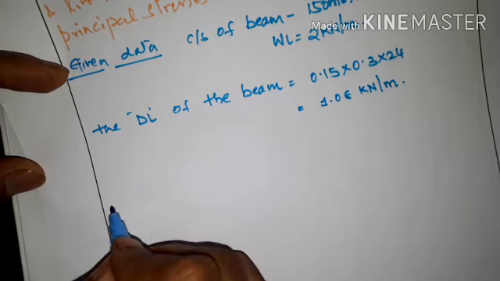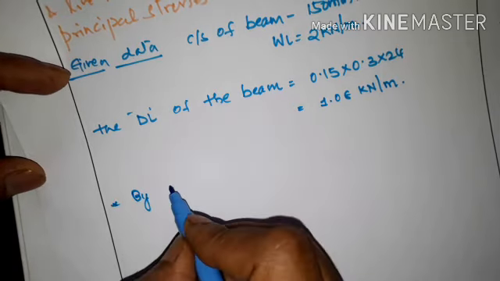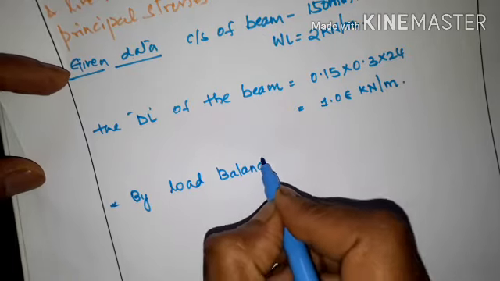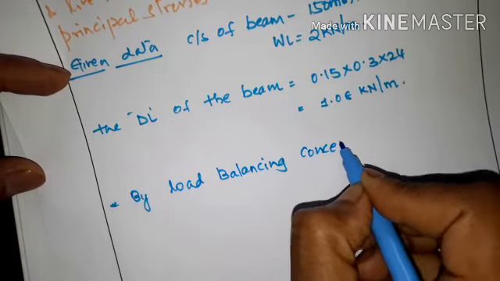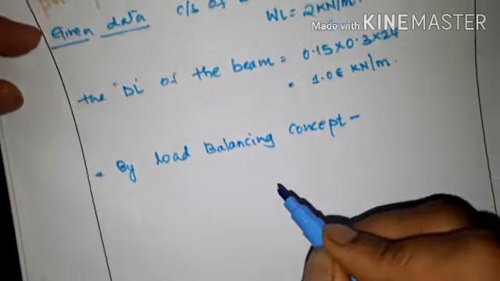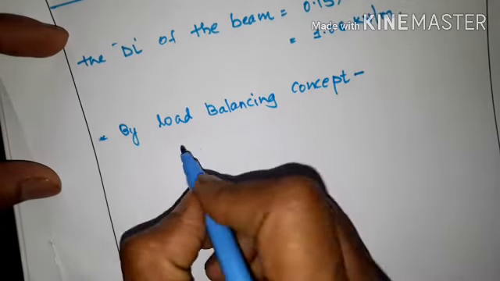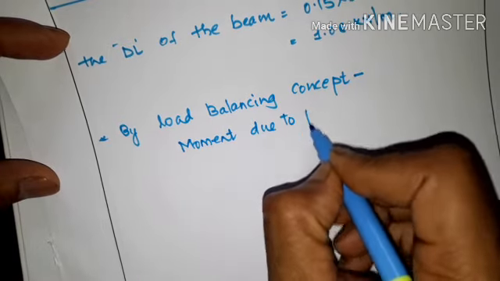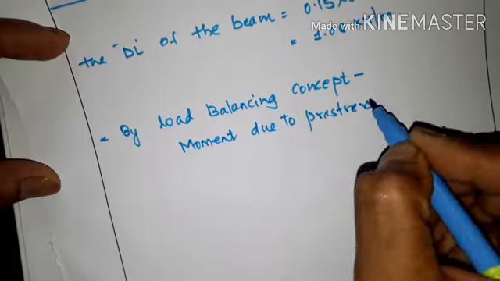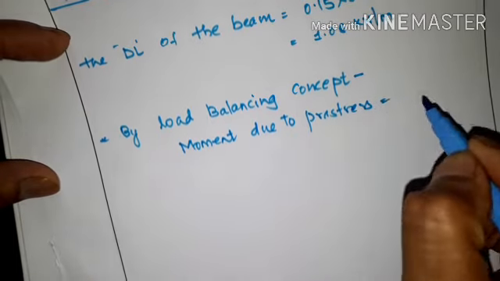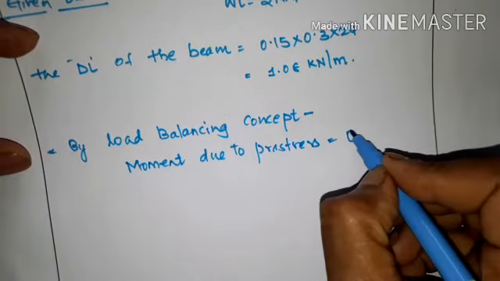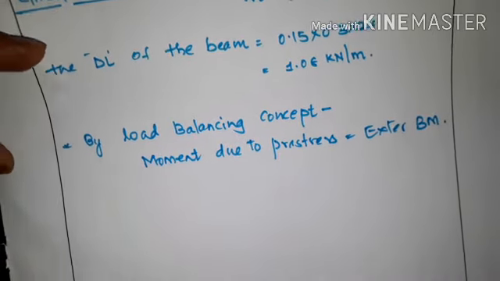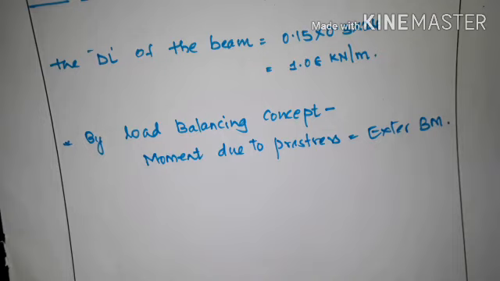Now by load balancing concept, the moment due to pre-stress is equal to the external bending moment, because to balance the external load, the moment due to pre-stress should be equal to the external bending moment.